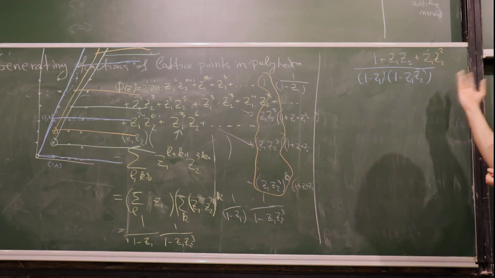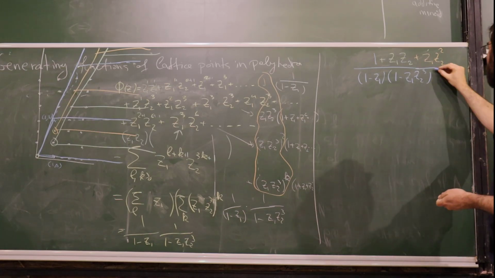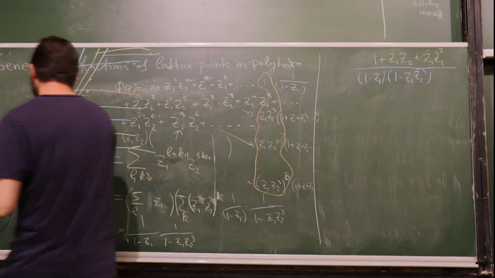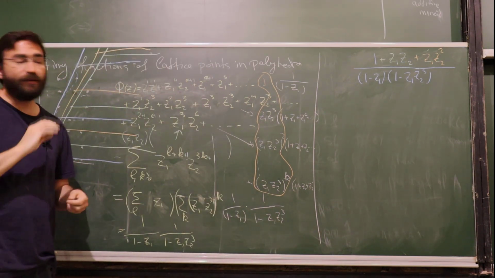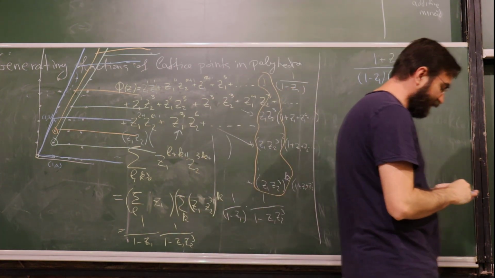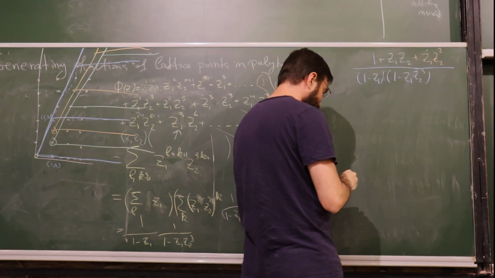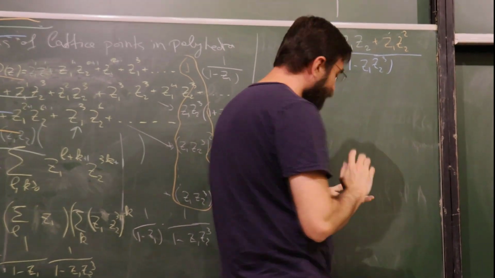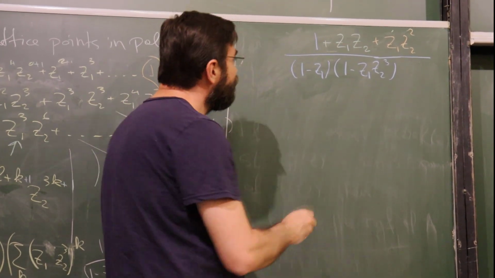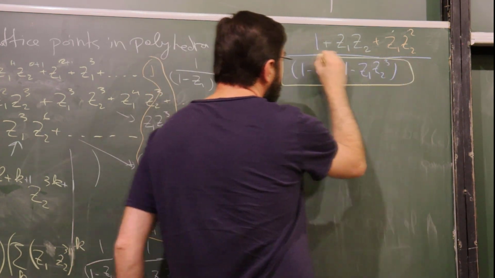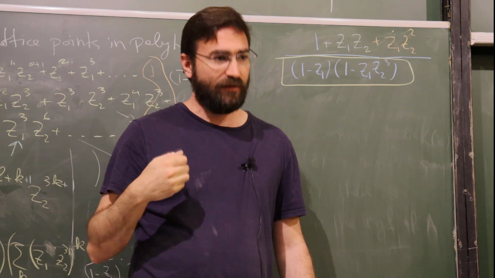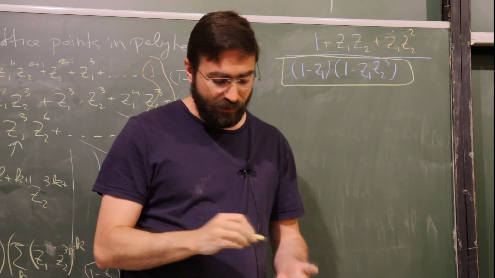And now, this is the rational generating function for the lattice points in the cone 1, 0, 1, 3. If I expand this, I will get the lattice points in there. Okay, now observations. First one, what is this? It is 1 minus Z to the generators, right?